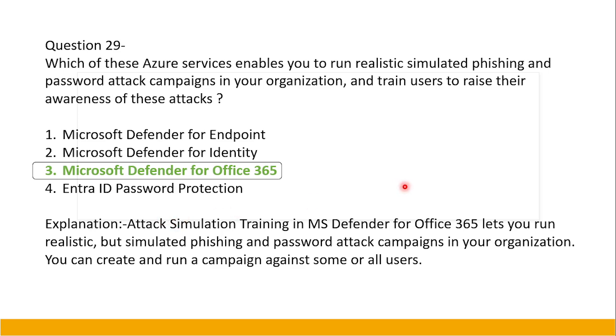Attack simulation training in Microsoft Defender lets you run realistic but simulated phishing and password attack campaigns in your organization. So next time you get an email from your organization which is part of the phishing education, consider that this is done through Microsoft Defender for Office 365.